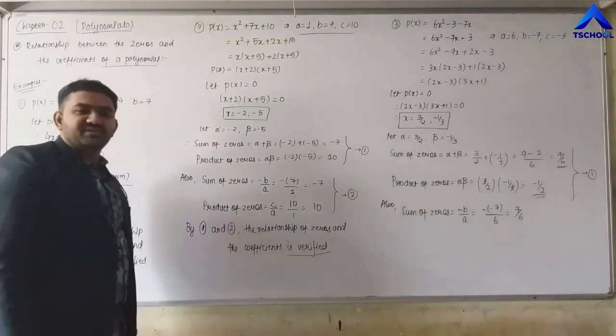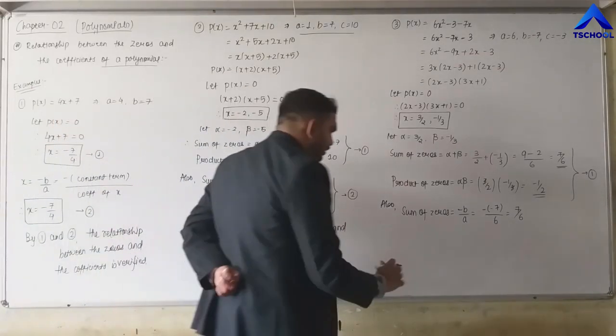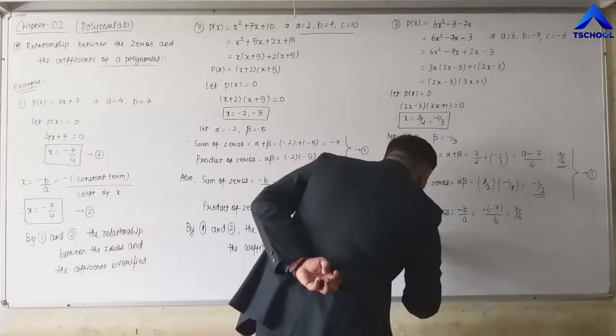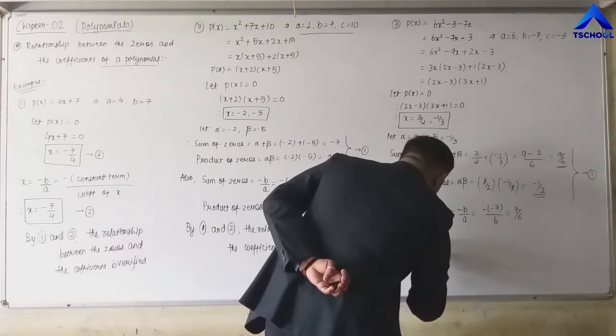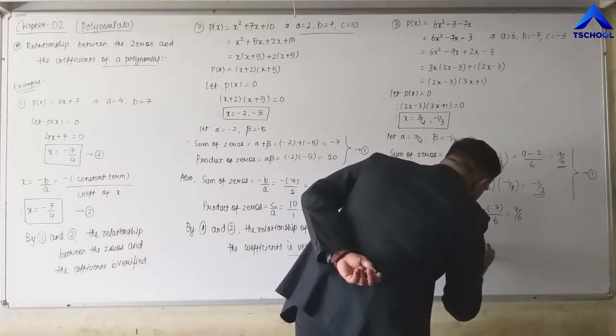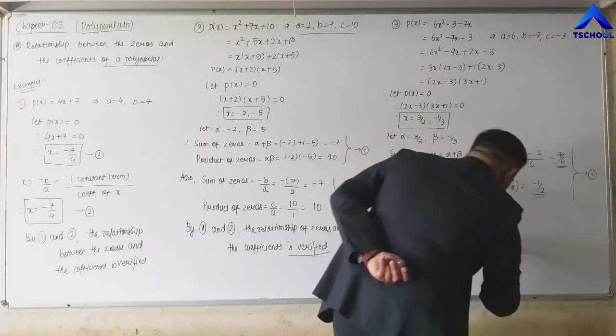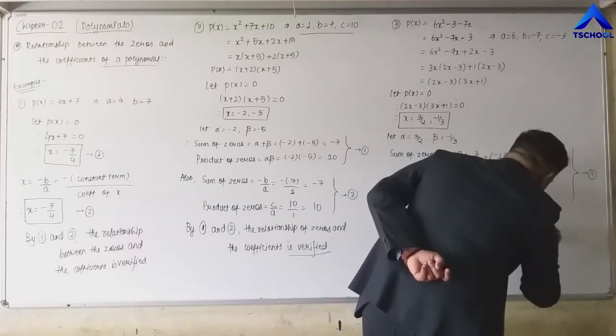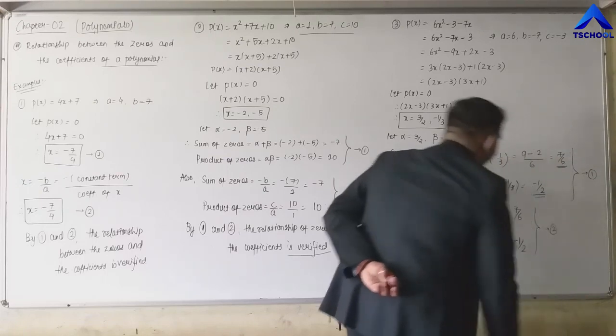We got the sum of the zeros as the same. And also the product of zeros is c by a, that is minus 3 by 6, that is minus 1 by 2.